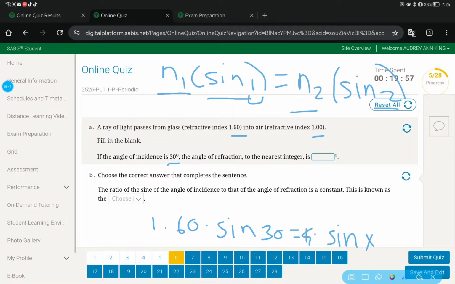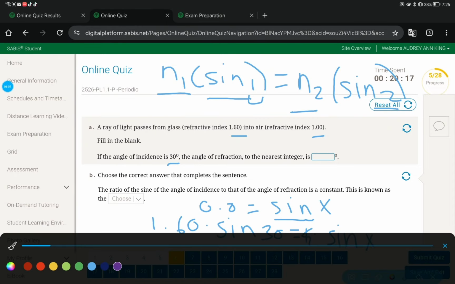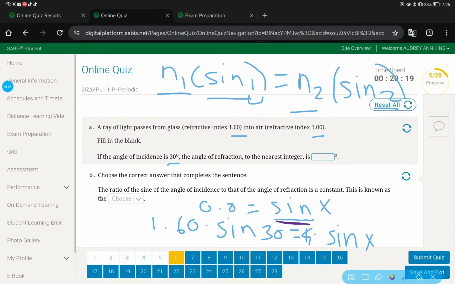So you put 1.60 times sine 30 into the calculator, and you get 0.8 equals sine x. Then you take the sine to the other side and make it sine inverse of 0.8.